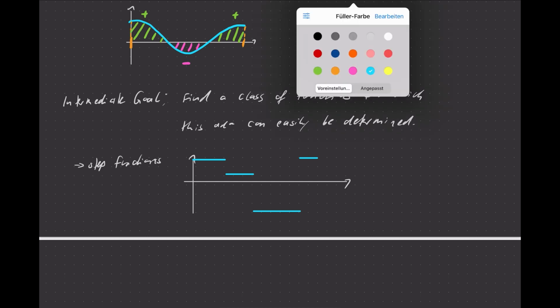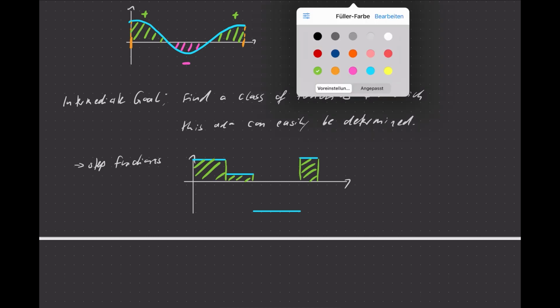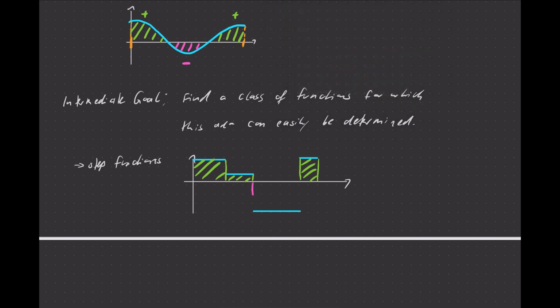And then it's of course not hard to determine the corresponding areas, because what we have here are basically just rectangles, right? So this is a rectangular area. This here is a rectangular area. This is a rectangular area. And of course we also have that negative area here. So the one below the axis, this is also a rectangular area.